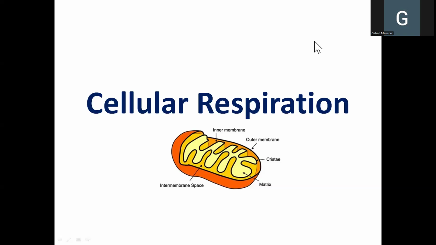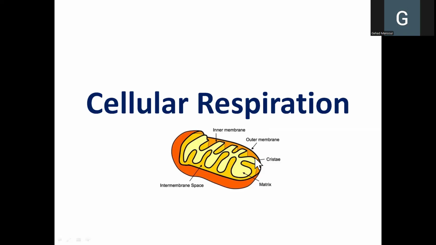exhale air out. The first slide includes a picture of the mitochondrion. And as you know, the mitochondrion is the organelle where cellular respiration occurs when oxygen is available. I mean, when it is aerobic cellular respiration.